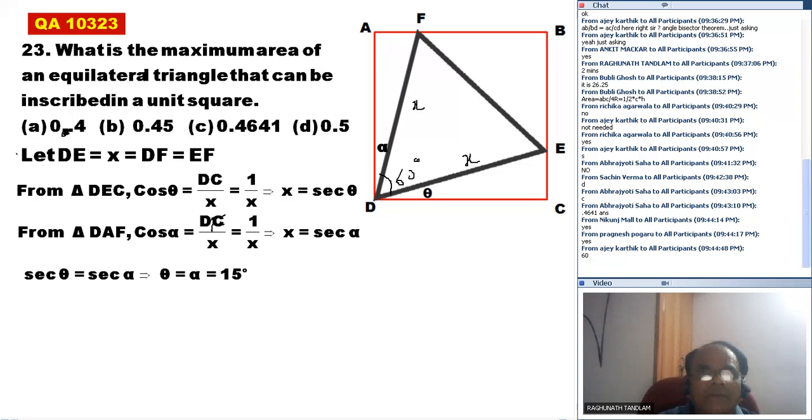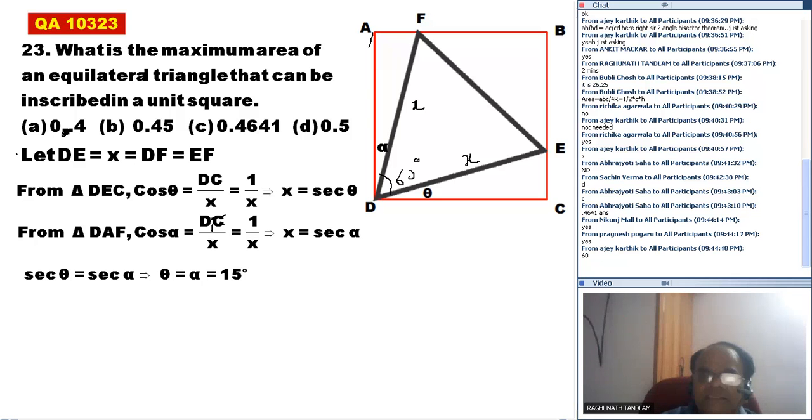From triangle DAF, what is cos alpha? Adjacent side by hypotenuse, or not?